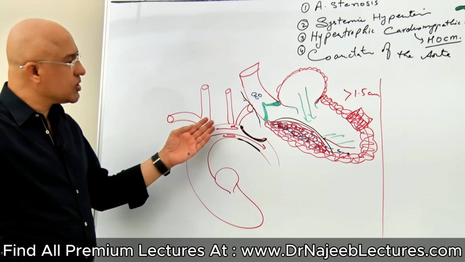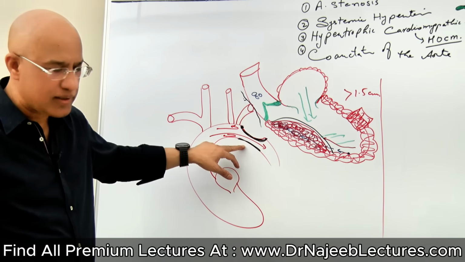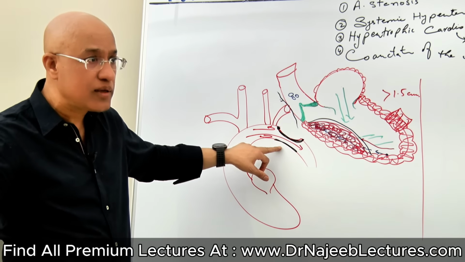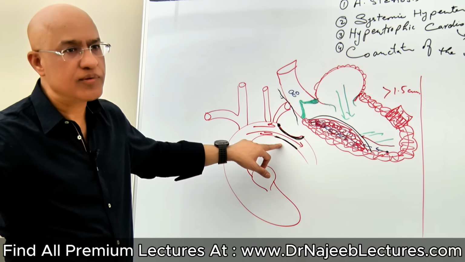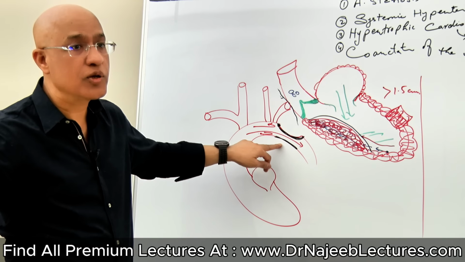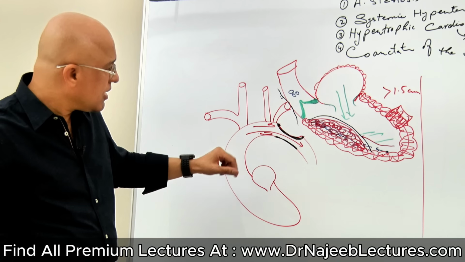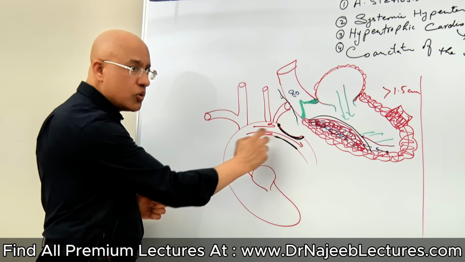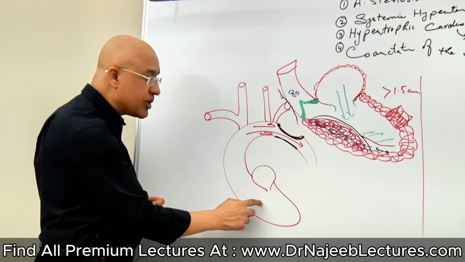But this produces one thing. It reminds me of a few interesting things about it. Number one, coarctation of aorta is a very important cause of secondary hypertension, or hypertension of young people, because when the left ventricle has more resistance to push the blood through the aorta, it will hypertrophy and generate more pressure.